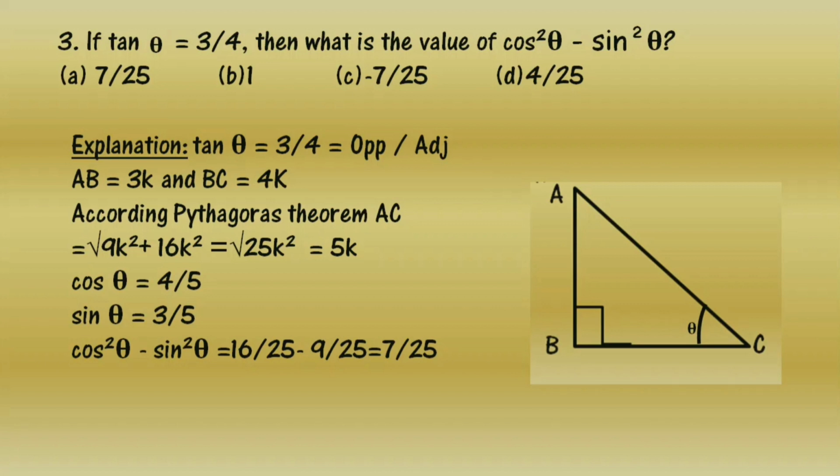Then sin theta equal to opposite by hypotenuse, so 3 by 5. Then substitute the values: cos square theta minus sin square theta equal to 16 by 25 minus 9 by 25. The denominator is the same, so you can subtract the numerators. 16 minus 9 equal to 7. 7 by 25. So the correct option is option A.